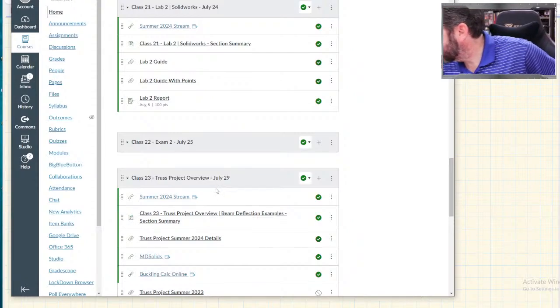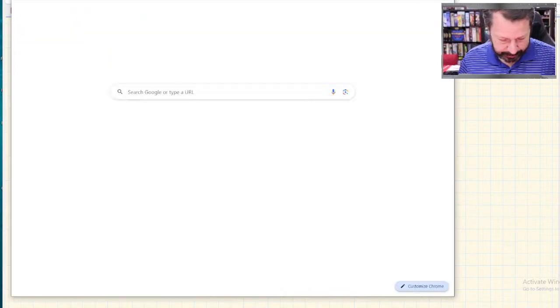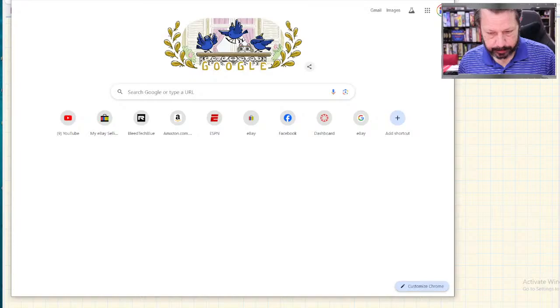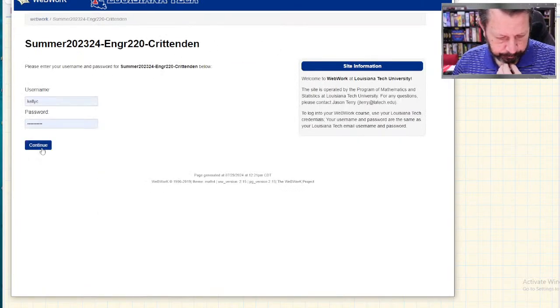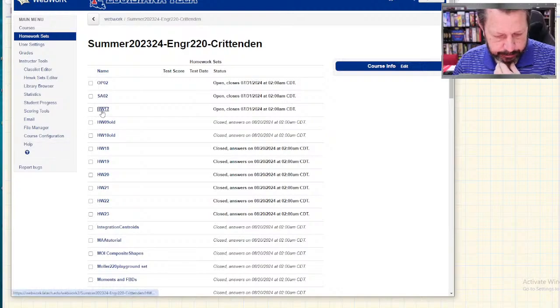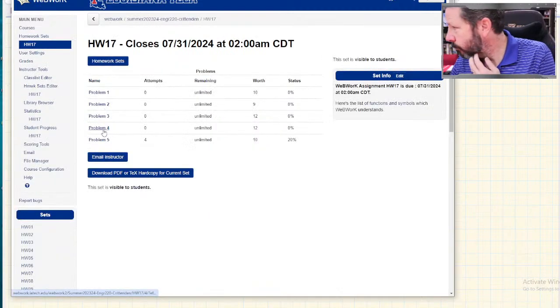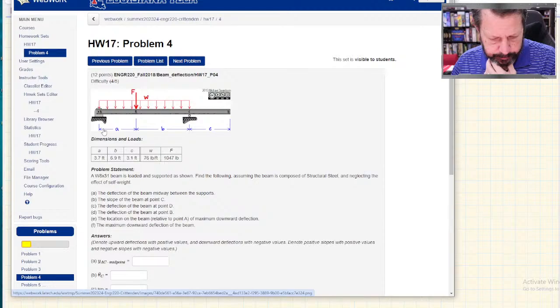Homework 17, problem 4, D through F. So that sounds like a lot. Let's look and see what that is about. Problem 4. Oh, it's another one of the beam deflection ones.